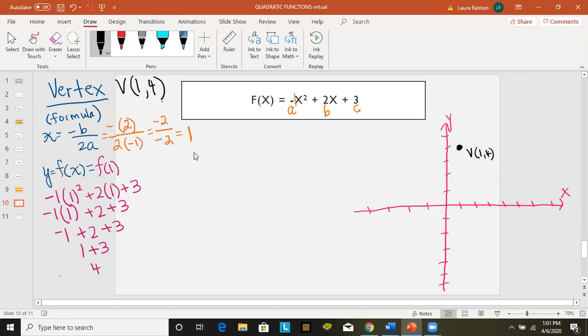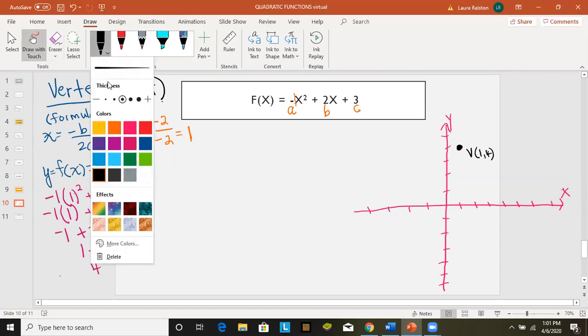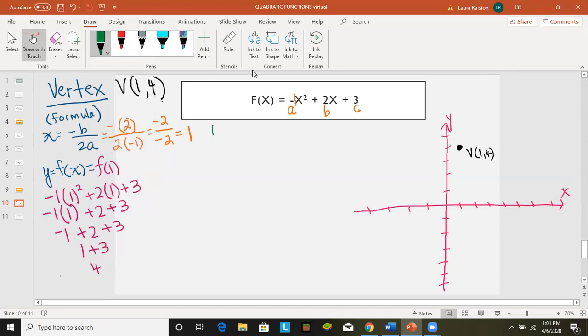If I think about the direction of my opening, which is a question I could be asked, the direction of my opening is going to be that it opens down because A is negative.